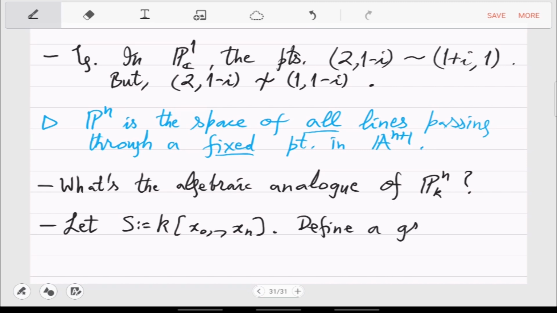Define what is called a grading, where SD is the degree D part of the polynomial ring.